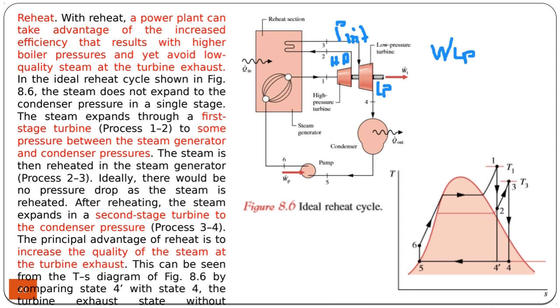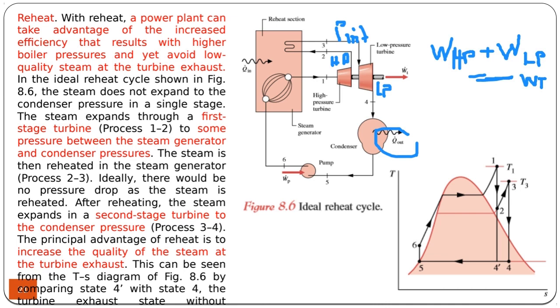So the total turbine work is the summation of high pressure turbine and low pressure turbine work. Then the rest of the cycle is just the same. It gets into the condenser, Q condenser is rejected, then it's pumped back into the boiler again.